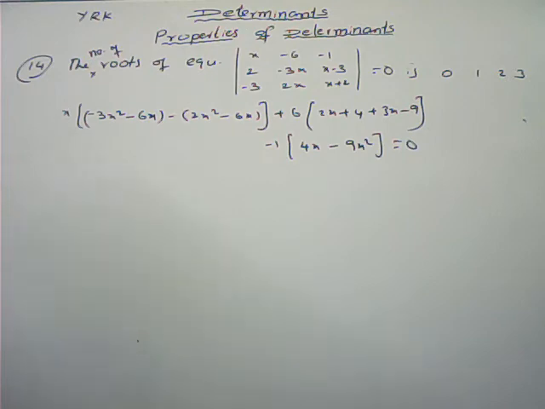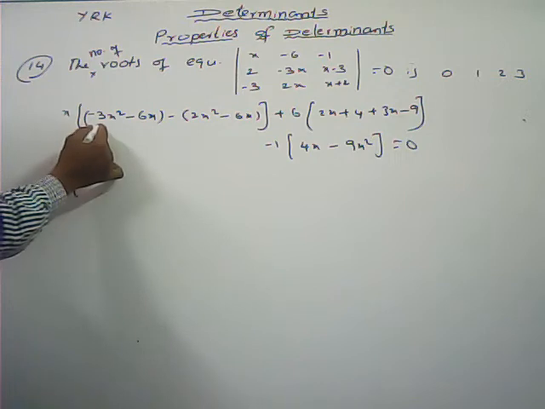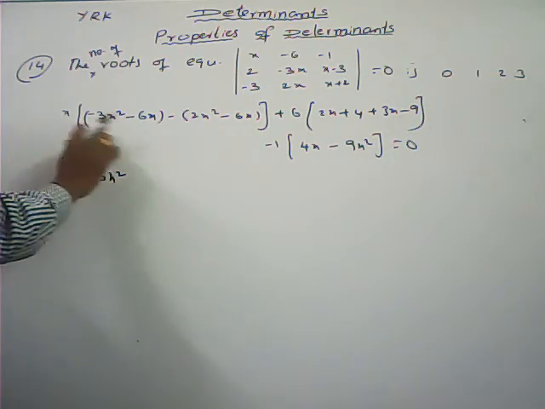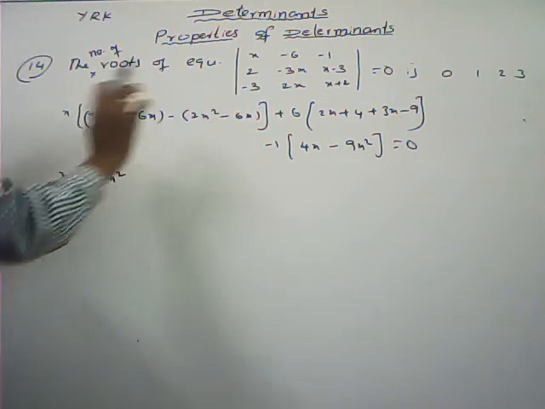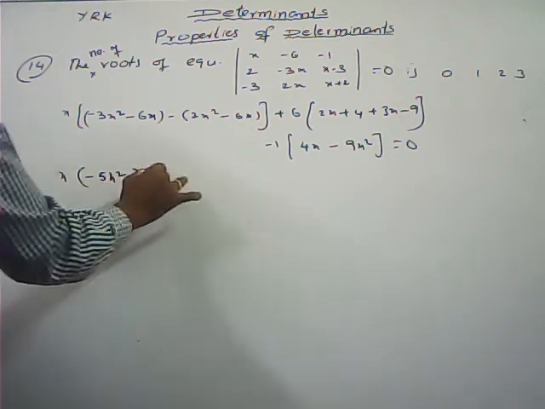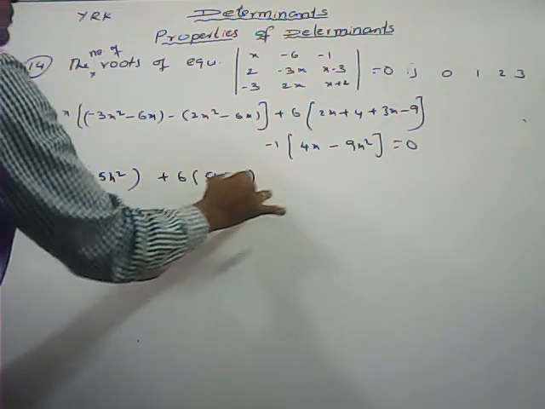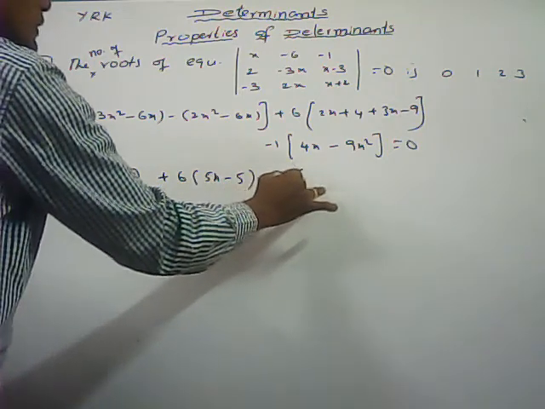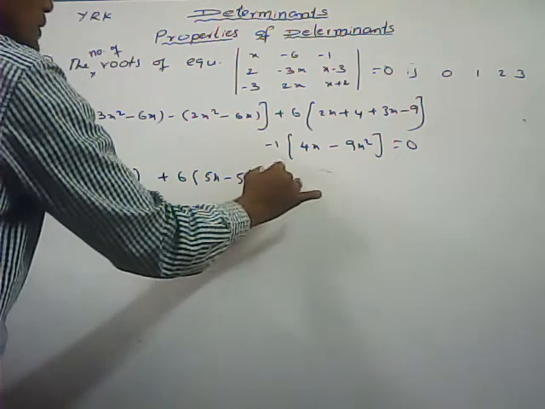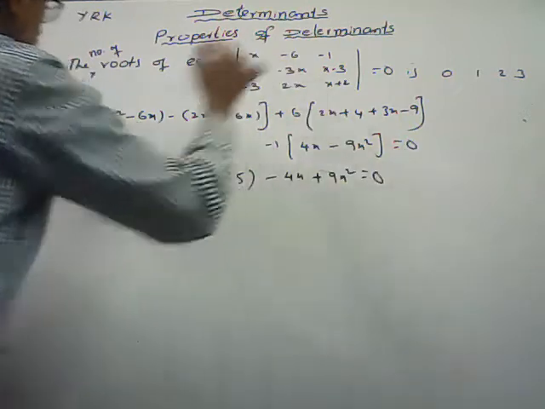Now here you can simplify this one. x into minus 3x square minus 2x square, that is minus 5x square, minus 6x plus 6x, both get cancelled, plus 6 into 5x minus 5, minus 1 into minus 4x plus 9x square, that is equal to 0.